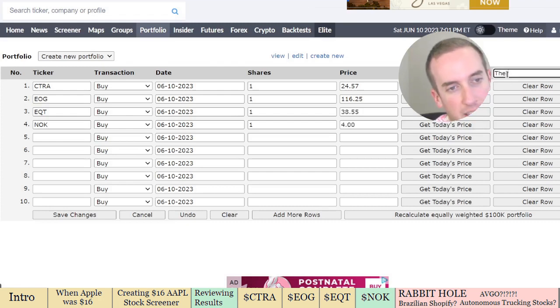We're going to call this the Apple Mirror. Let's change it to Apple. $16 Apple scan.